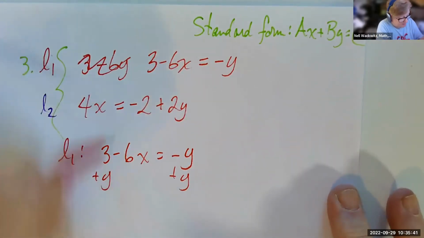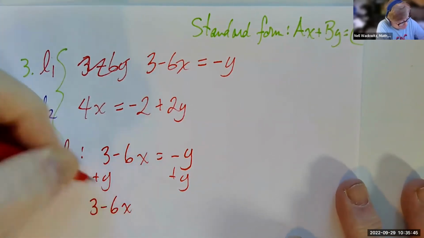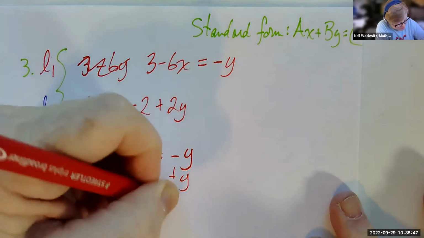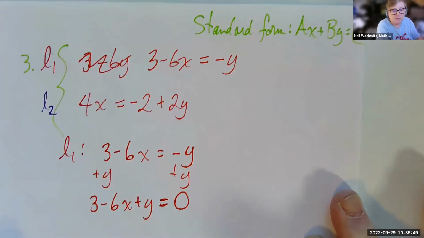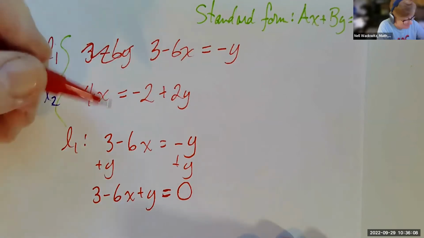So now I'm going to put 3 minus 6x plus y equals 0. Are we there? Those are the close ones that I get confused on. Okay, so what do we need to do next? Move the 3.